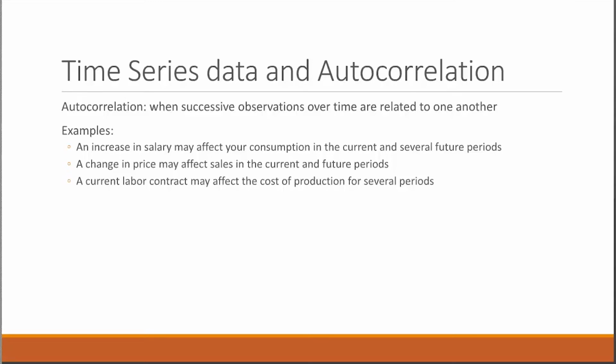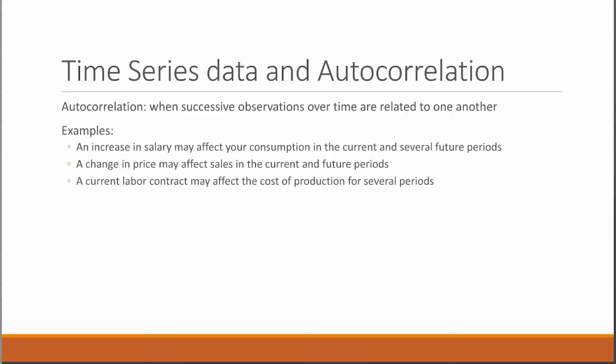Just to give you some review, here are a few more examples. The first one, an increase in salary may affect your consumption in the current and future periods, right? When you have a salary increase, you tend to increase your consumption now. You also tend to increase your consumption in the future because you know in the future your income is also higher. So in that sense, the current consumption is related to all future consumptions.